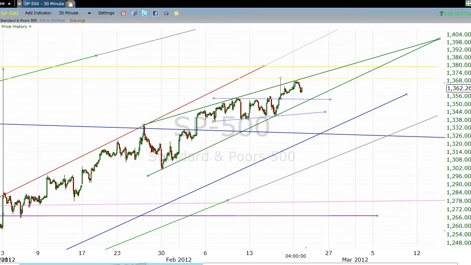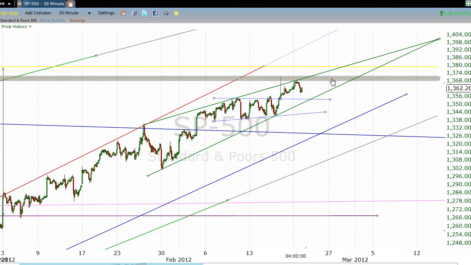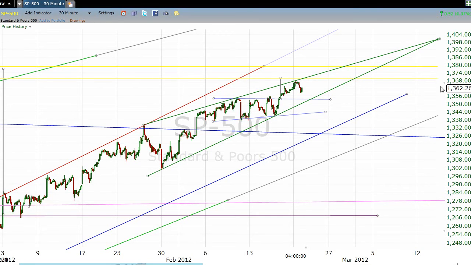Maybe this is a forecast that tells us that while we can expect 1370 and 1378, there's this implication for the entire month of February that about 1,400 is all this market can do for right now without coming back down and consolidating or some kind of corrective move. And that's just the way it looks to me.